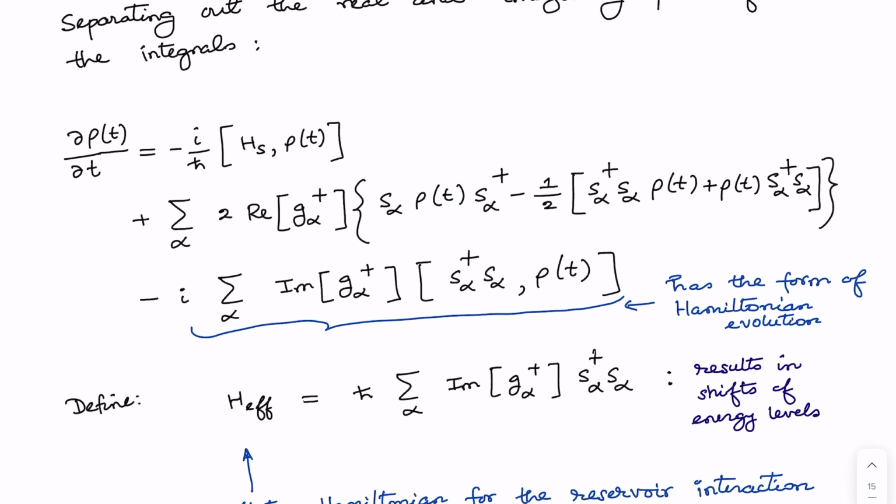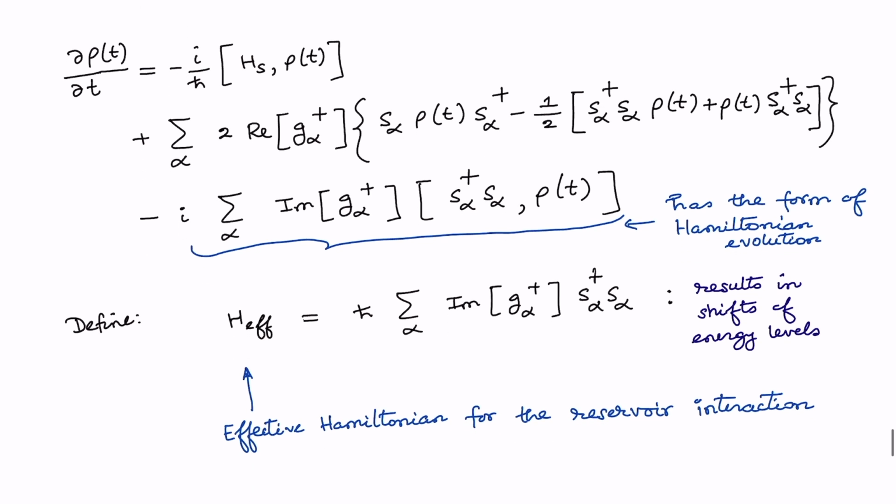And now you see it is significantly simplified. Now there are three terms on the right hand side of this equation. The last term, if you look at carefully, has the form of Hamiltonian evolution. Now if we define an effective Hamiltonian which results from the system reservoir interaction, it effectively results in shifts of energy levels of the system only.